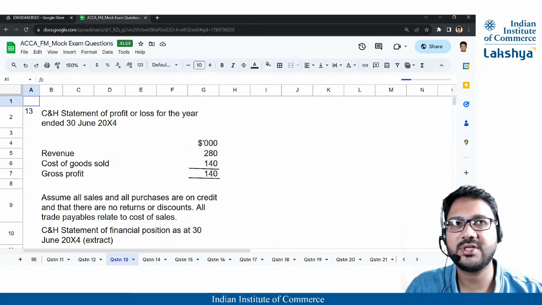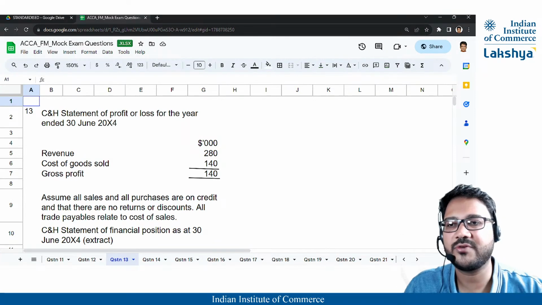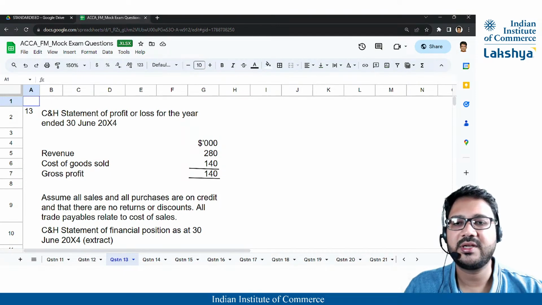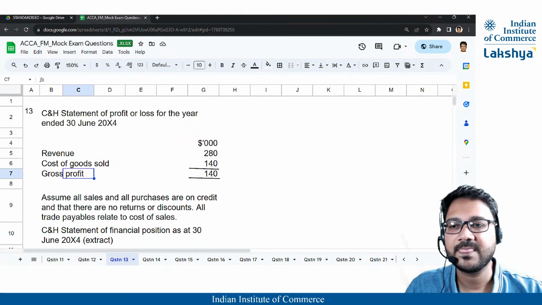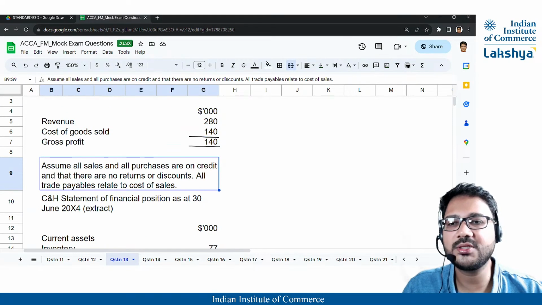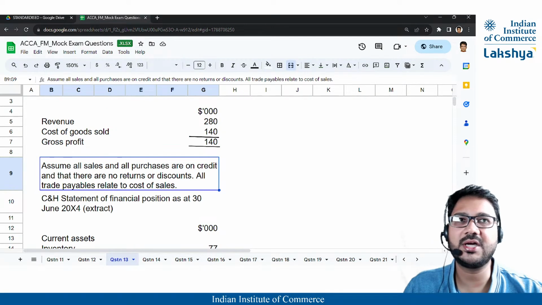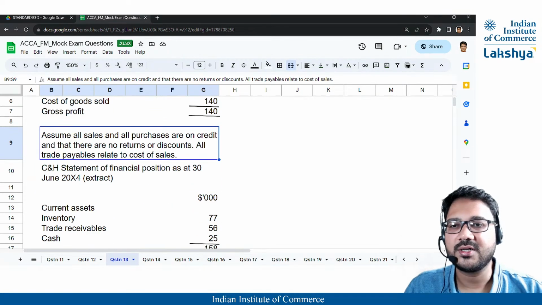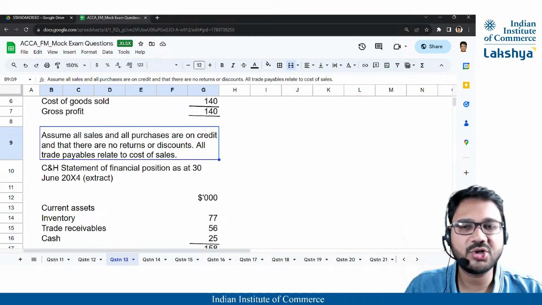Next question, question 13. CNH statements of profit and loss for the year ended 30th June 20x4. Revenue in $1,000 is $280,000. Cost of goods sold is $140,000. Then we have gross profit of $140,000. Assume all sales and all purchases are on credit, and there are no returns or discounts.